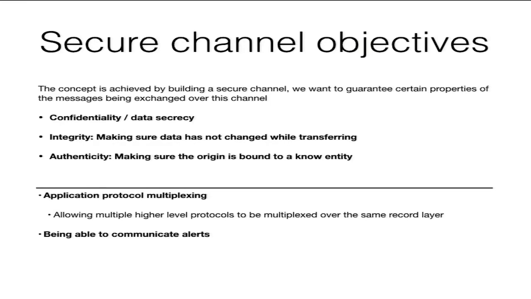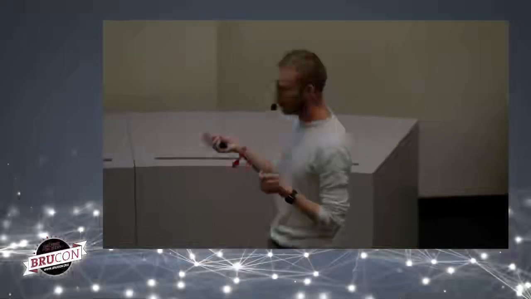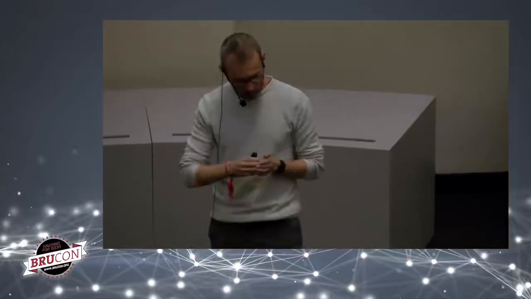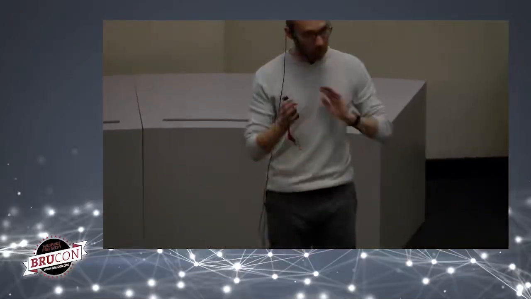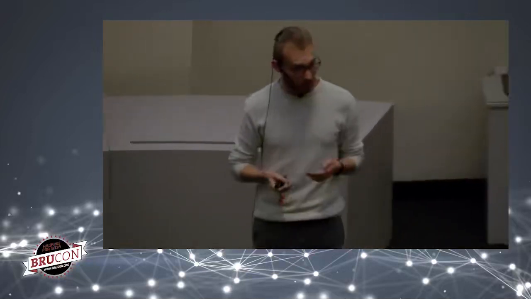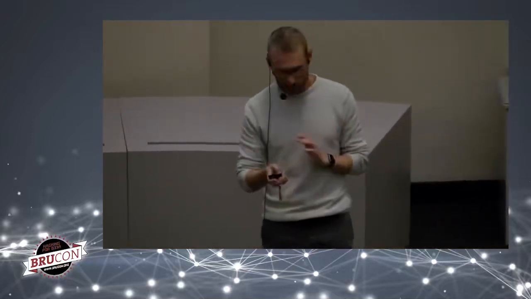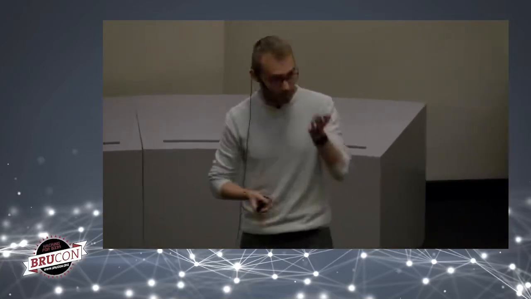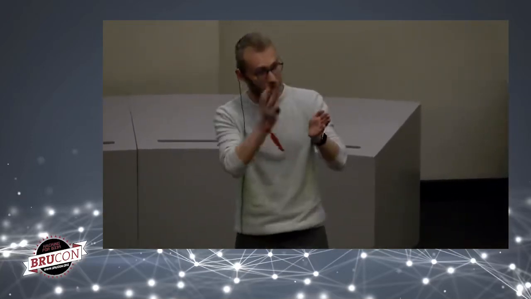We want to make sure that the data being exchanged over this link has the property of integrity, meaning that if the data is exchanged, we want to make sure that it cannot be modified. Or if it is being modified, that we can detect that the data is changed while it was being transferred from point A to point B.